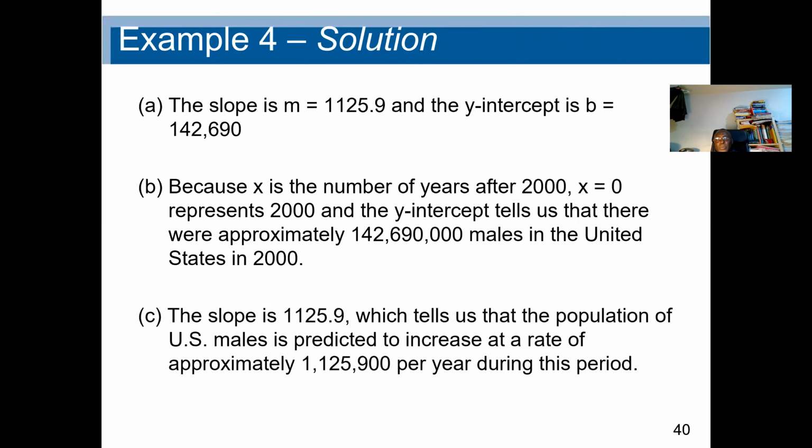And also the slope is given to us in the equation, which tells us that the population of US males is predicted to increase at a rate of approximately this per year. So the slope gives us the change per year. Again, this is in thousands, so that's why we multiply 11,925.9 by 1,000 when you read the question.